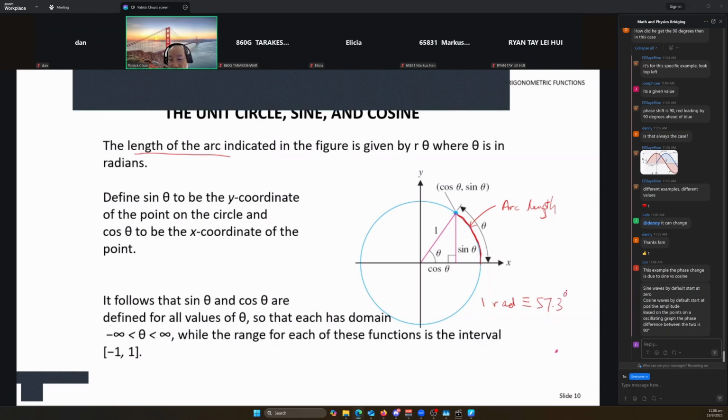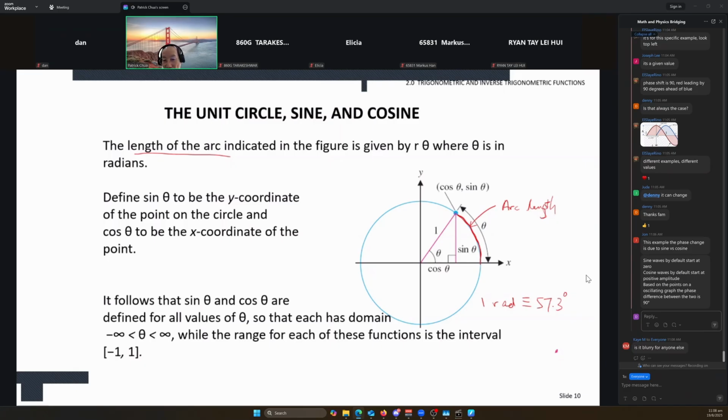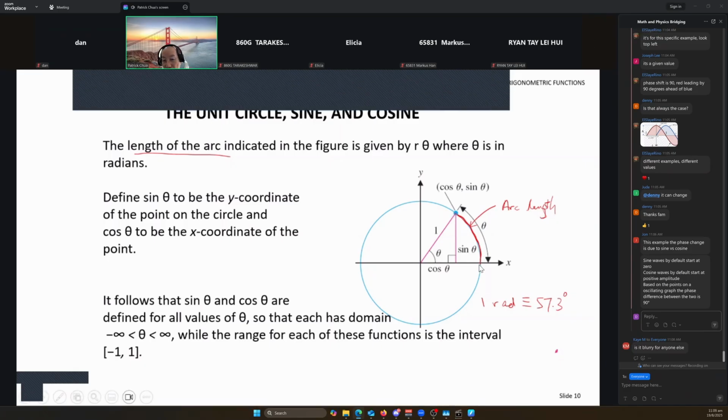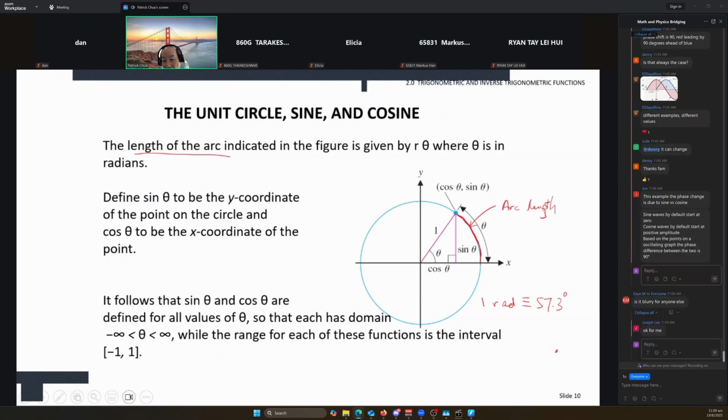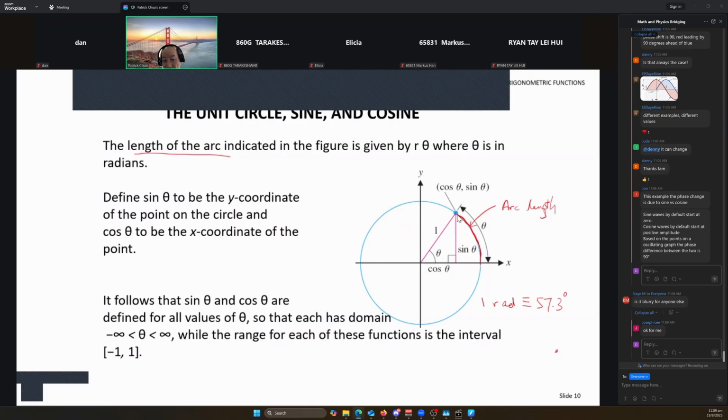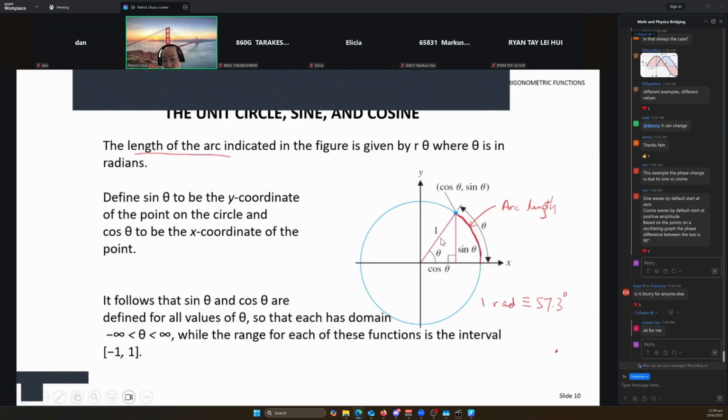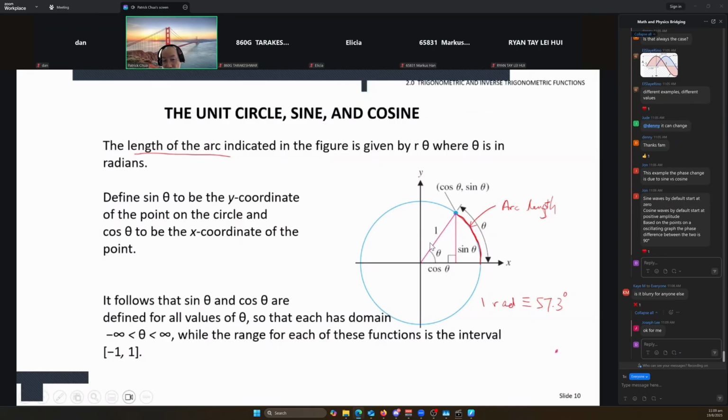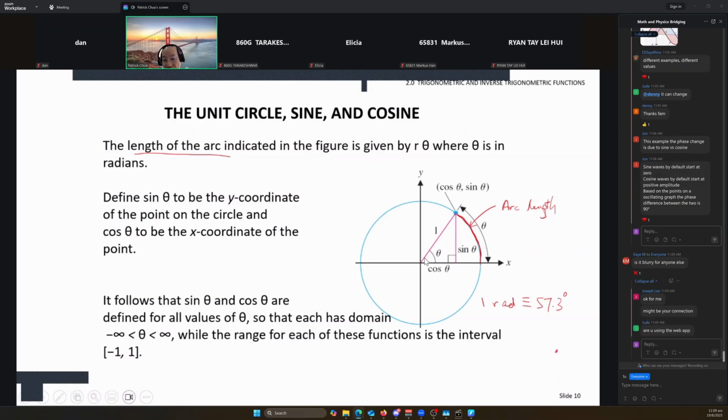So you look at this diagram here, and look at this blue dot. The blue dot starts from the x-axis. And so it moves from there to there. Now, with a radius of 1 unit. When this arc length is equal to the same length as the radius.